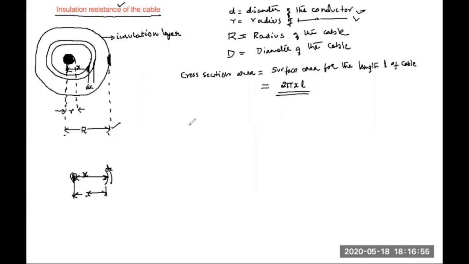The resistance of this elementary section will be equal to, since it is an elementary section, that's why I'm using small d.